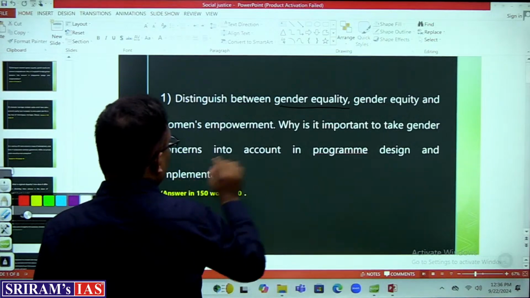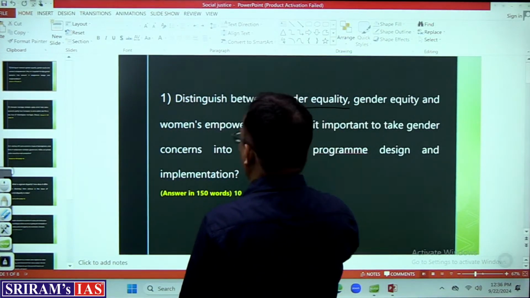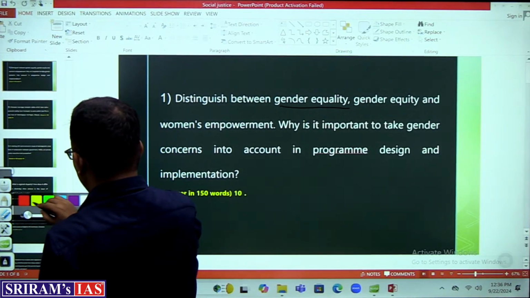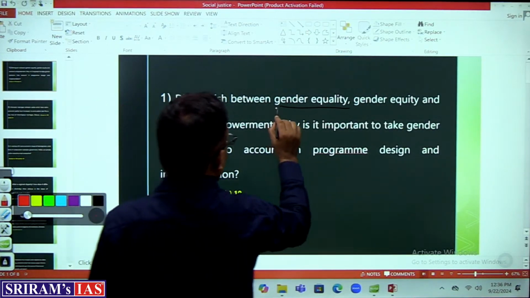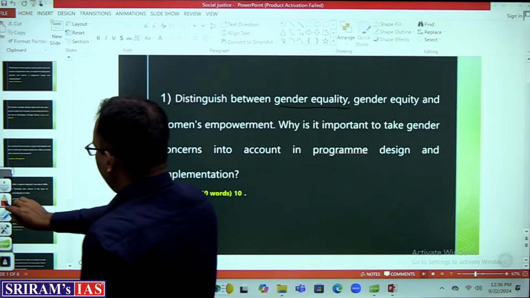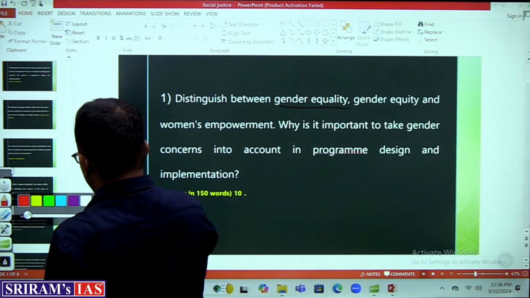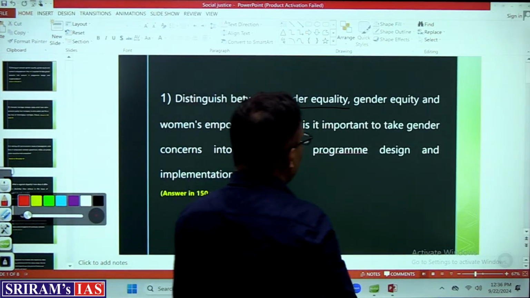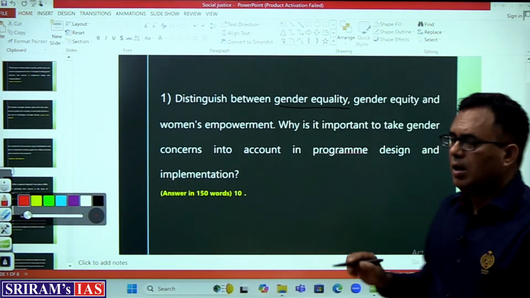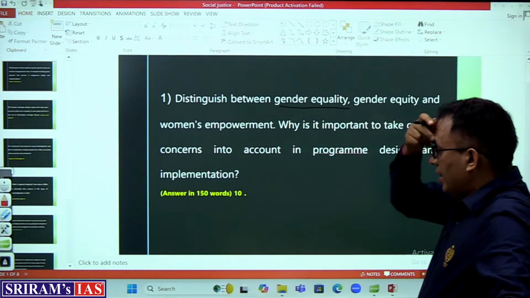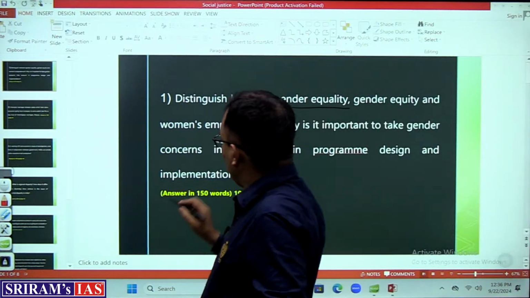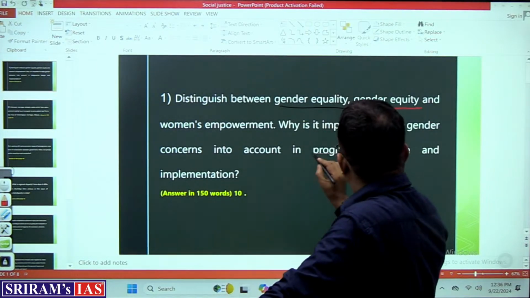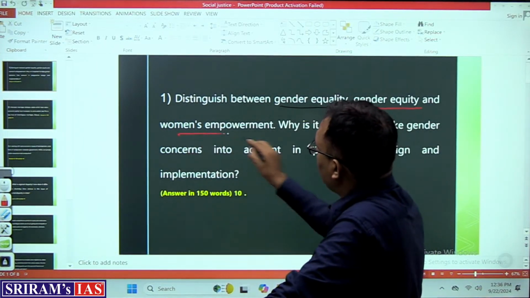First term we have is gender equality, the second word is gender equity, and the third word is women empowerment.